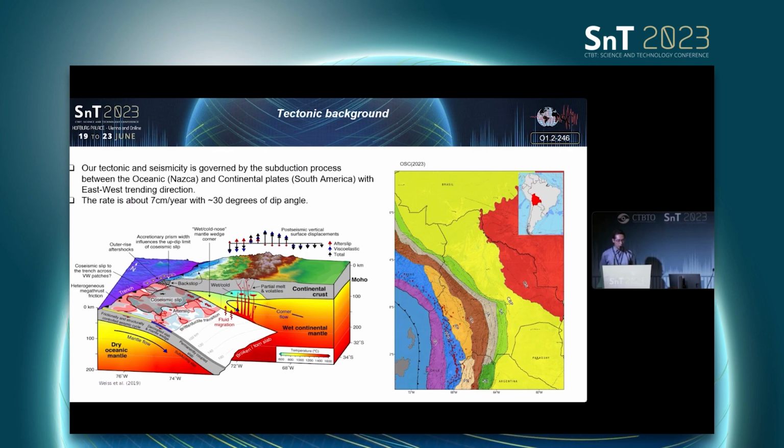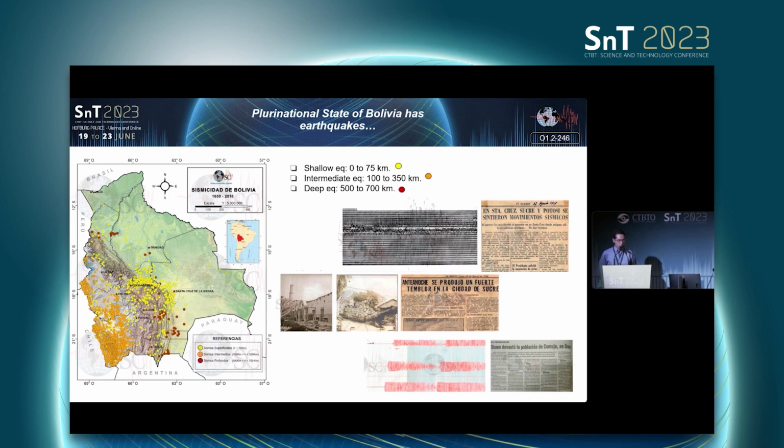In this structure, all the earthquakes are dominated by the subduction process. Maybe you will say that Bolivia is not so seismically active like Chile or Peru. Nevertheless, I would like to show you that we do have seismicity.